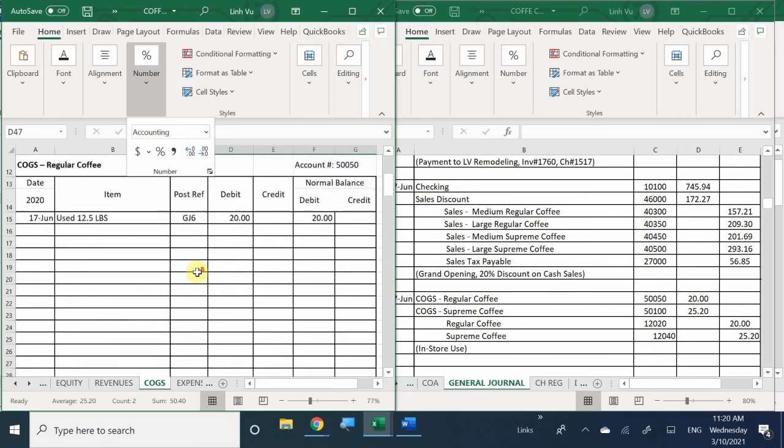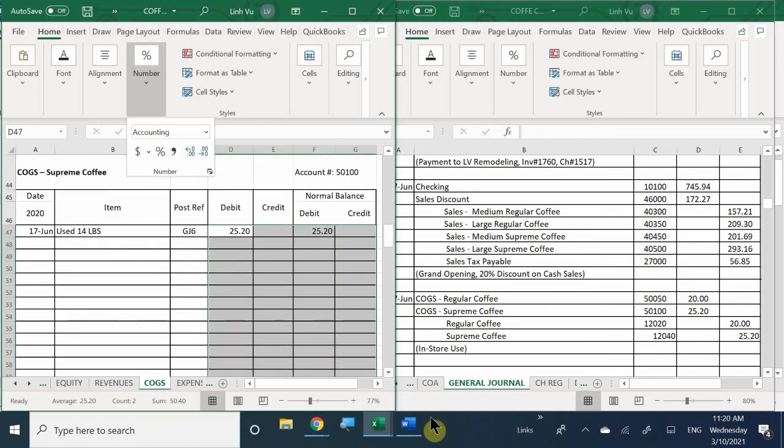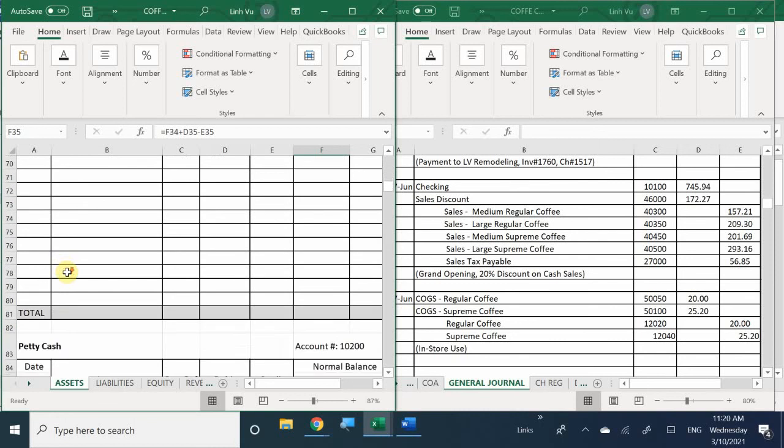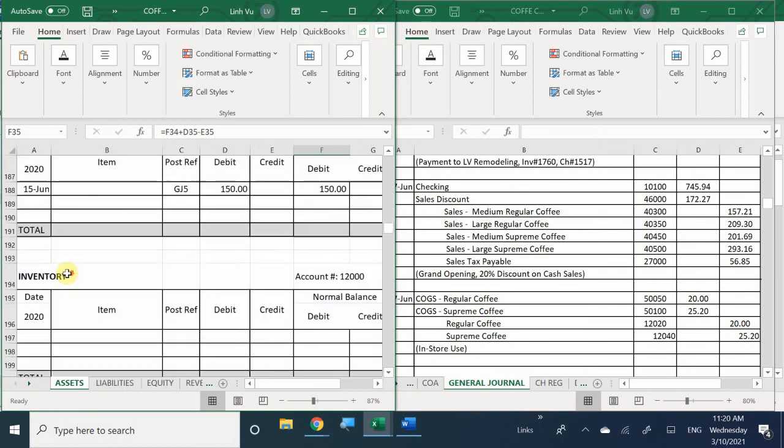Last but not least, we have to update our actual inventory. So let's go to our assets and locate our inventory. Scroll all the way down till you find your regular coffee.